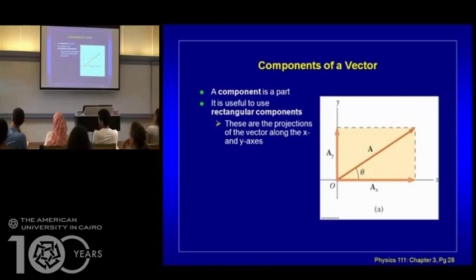Can you find R, the length of that vector? i squared plus j squared plus k squared. So the magnitude of R equals 5 squared plus 4 squared plus 4 squared under the square root.